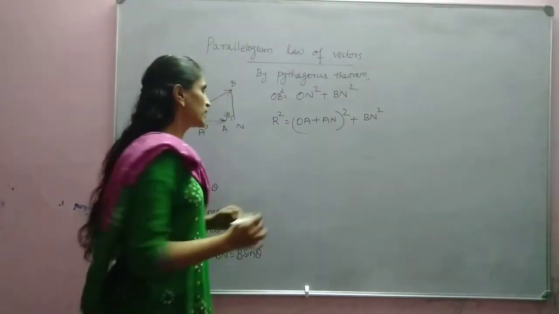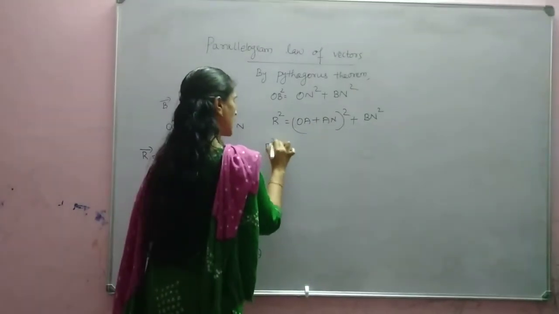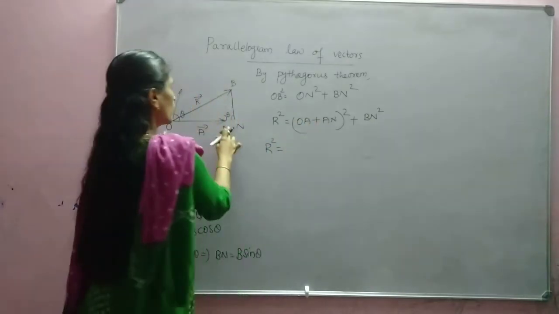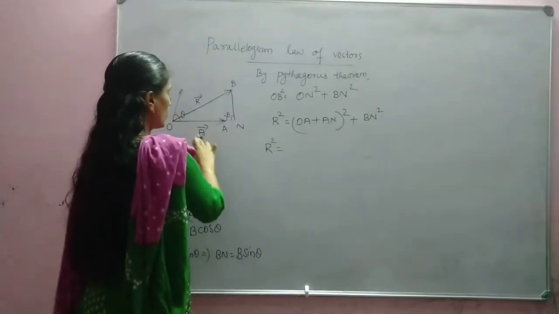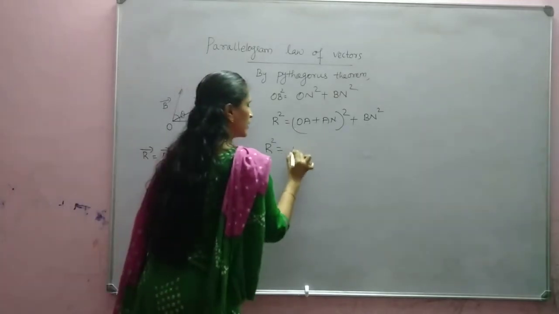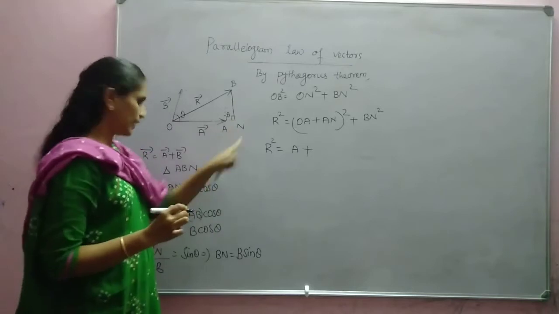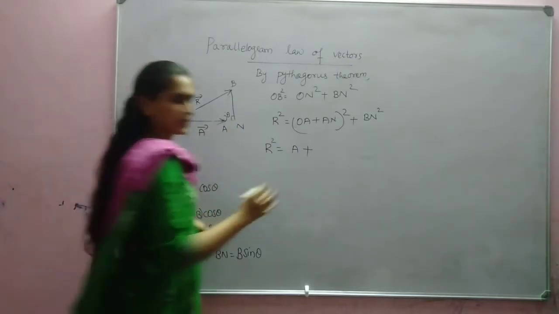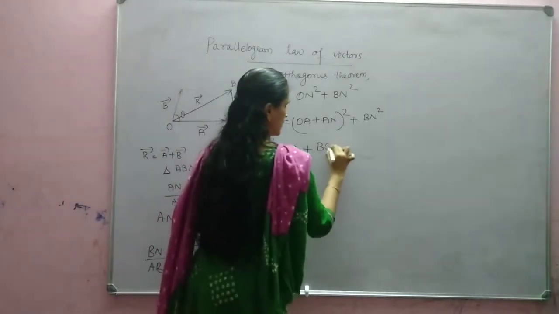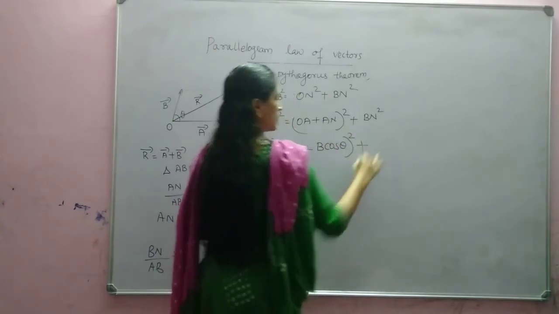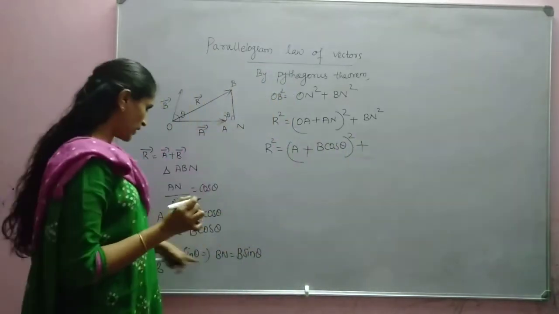We can substitute in this equation. So we will get R square is equal to, instead of OA, what is OA? OA is this length, that is equal to the magnitude of this vector A. So we can write (A plus AN), AN can be written as B cos theta, whole square plus BN square. What is BN?